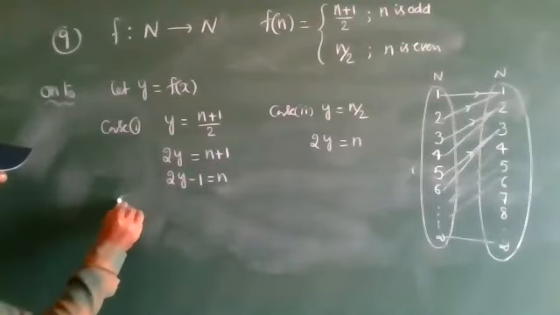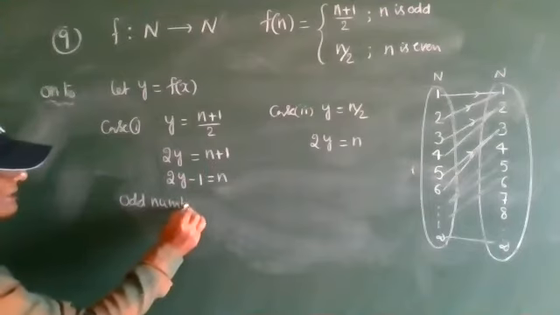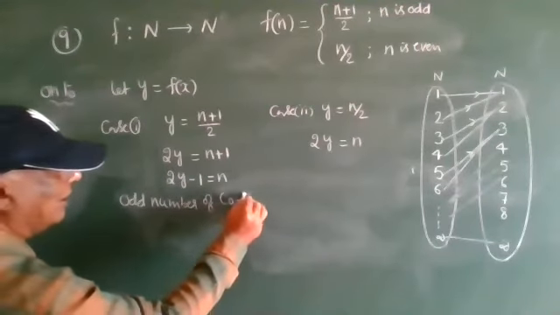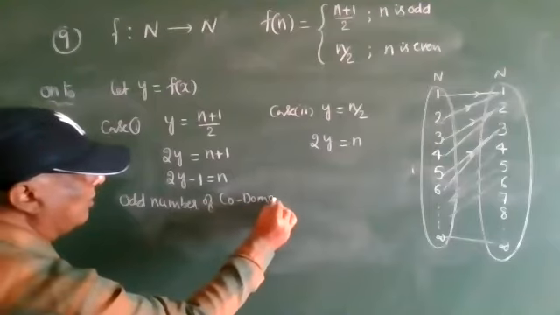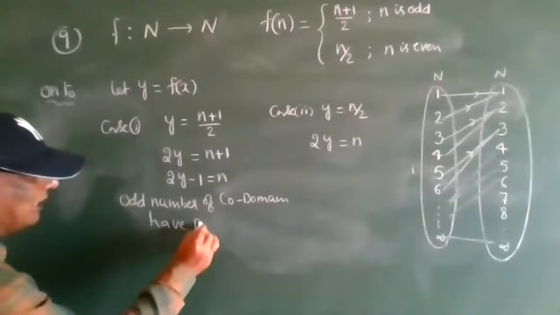Odd numbers of codomain have pre-images in domain.